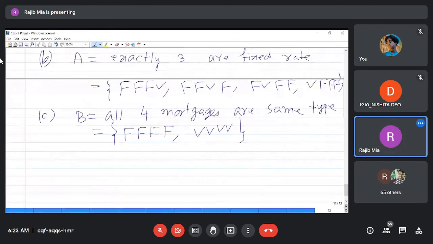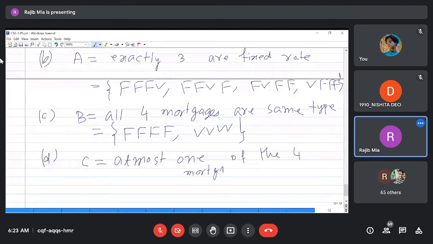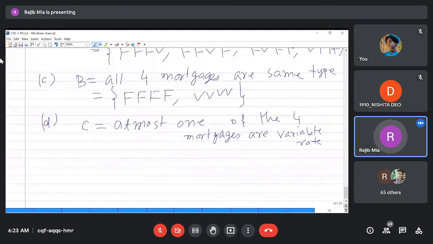Then part D, list all outcomes in the event C that at most one of the 4 mortgages is a variable rate. At most one is variable rate.